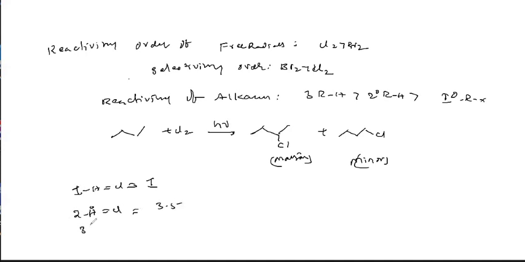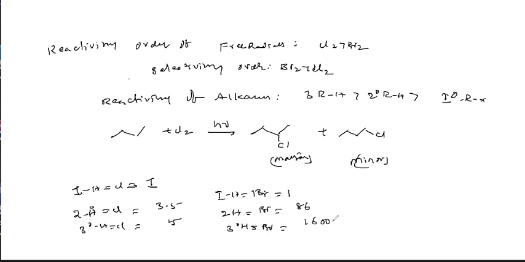Then tertiary hydrogen replaced by chlorine, the value is 5. The similar case happens with bromine: primary hydrogen replaced by bromine, the value is 1. Secondary hydrogen replaced by bromine, the value is 86. Then tertiary hydrogen replaced by bromine, the value is 1600.